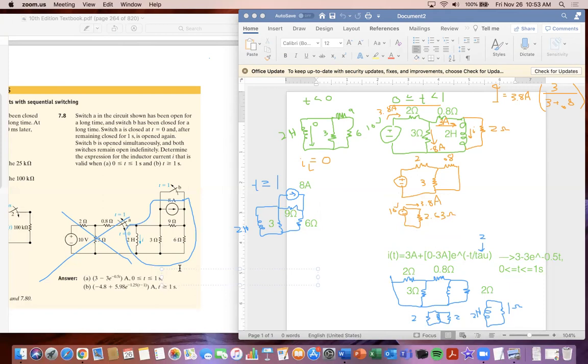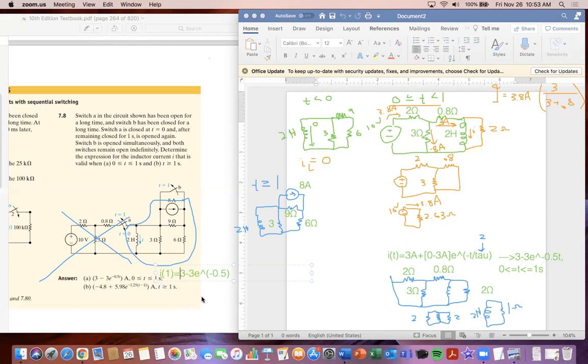So our value for part A, 3 minus 3 times e to the negative 0.5, that'd be I1, is equal to this.